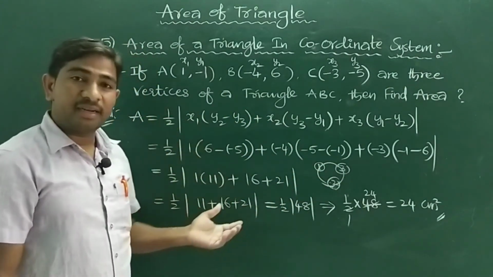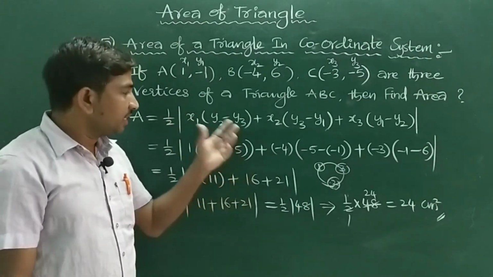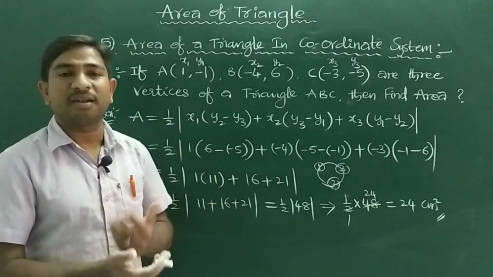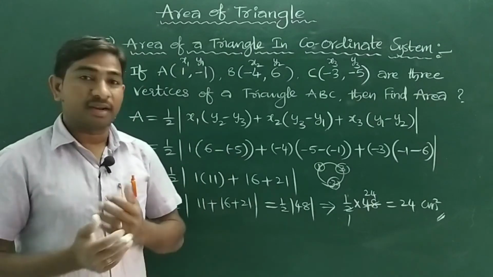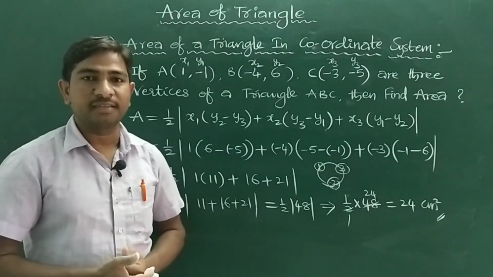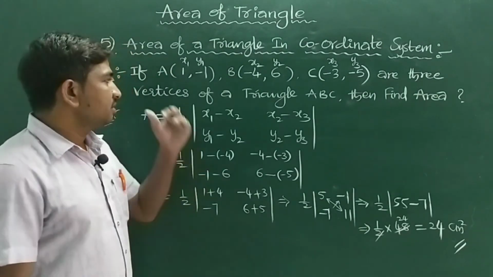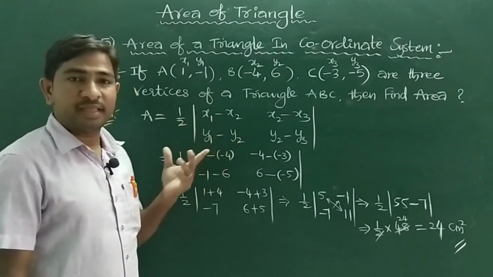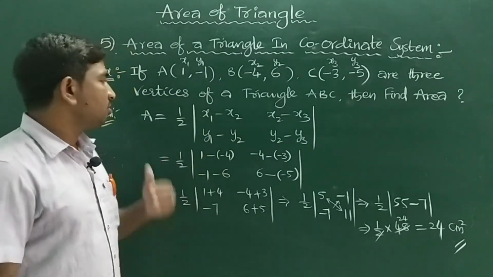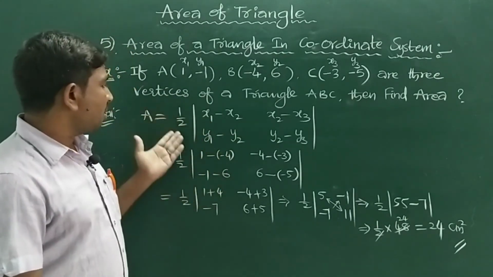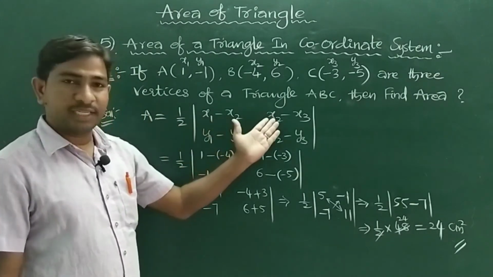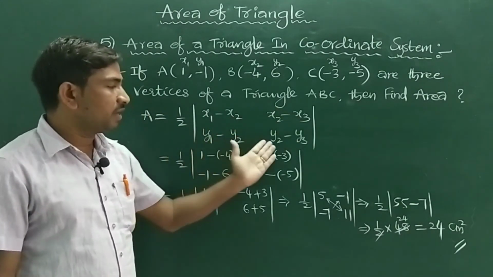Okay, so you can apply the same problem with another method, another formula I mentioned, right? I will explain how it will be. Now see the same problem solved by the other formula. So how to find the area of the triangle? Of mod, x1 minus x2, x2 minus x3, y1 minus y2, y2 minus y3.